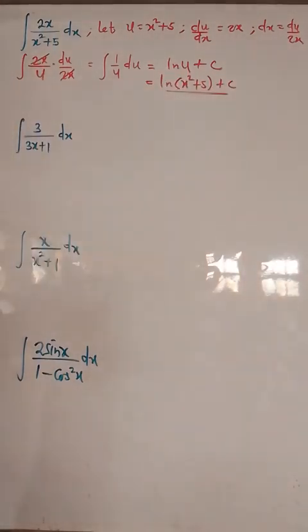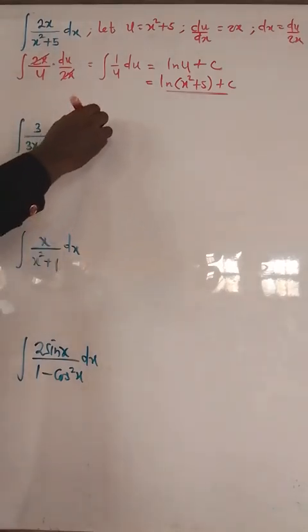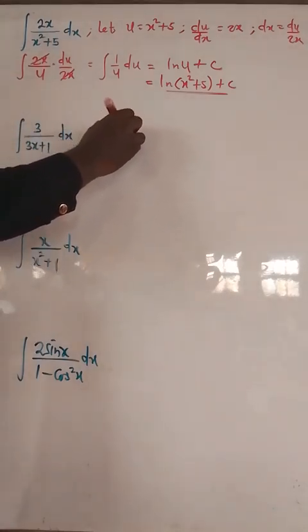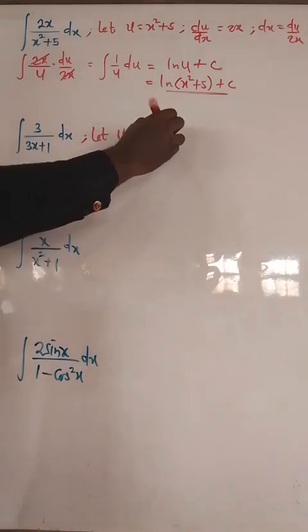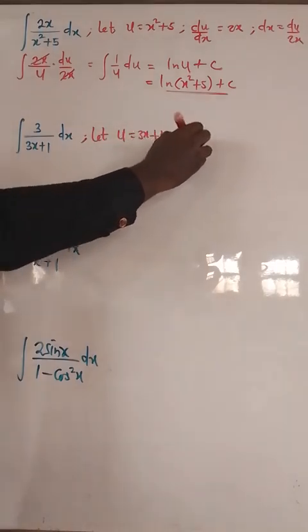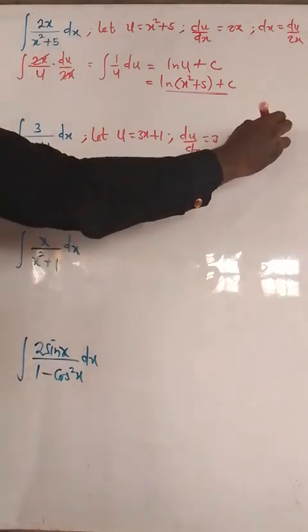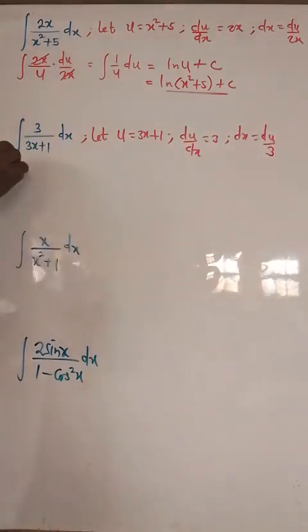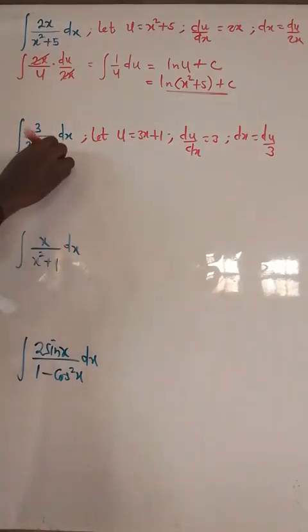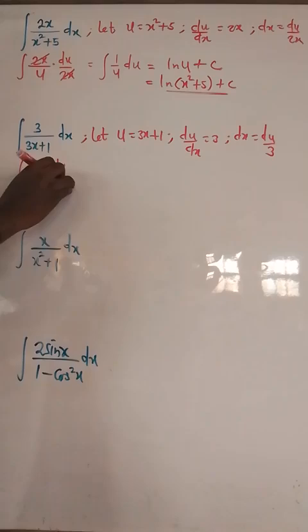As simple as that. Now next one, if we differentiate 3x plus 1, we get 3. So same way, we can let u be equal to 3x plus 1. From here, du dx equals 3, so dx equals du over 3. So this is the integral of 3 over u, and dx is du over 3.